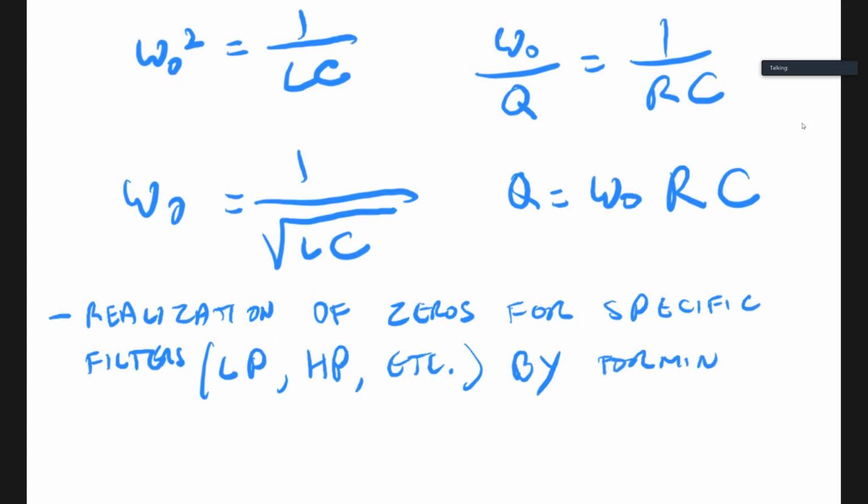And whatever we have in different legs of the voltage divider is going to give us the characteristic of the filter, and also the zeros.